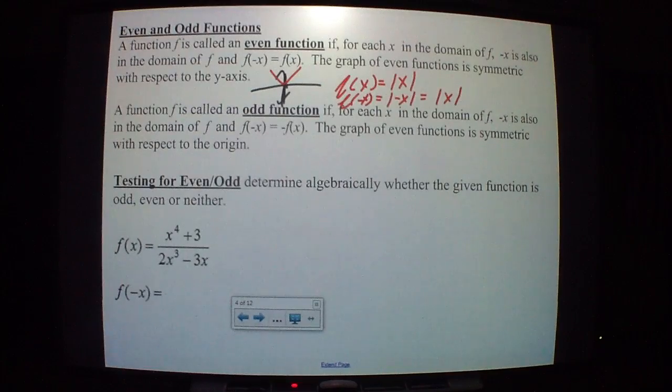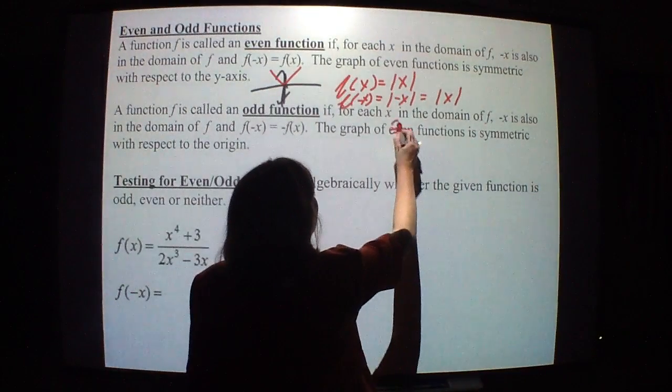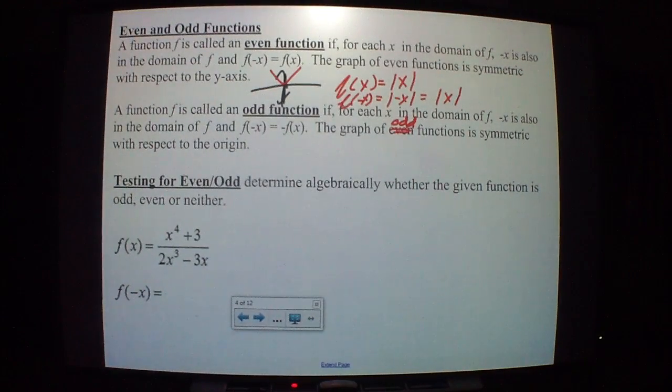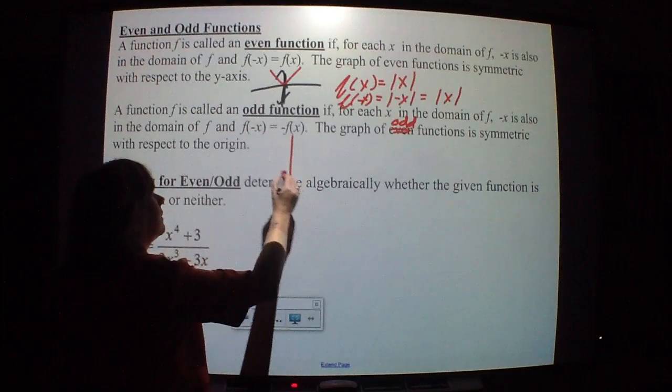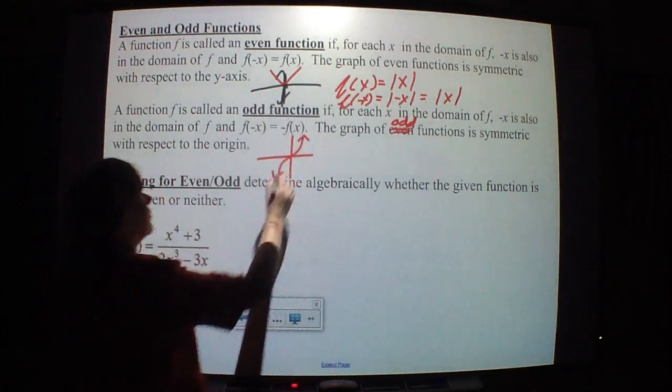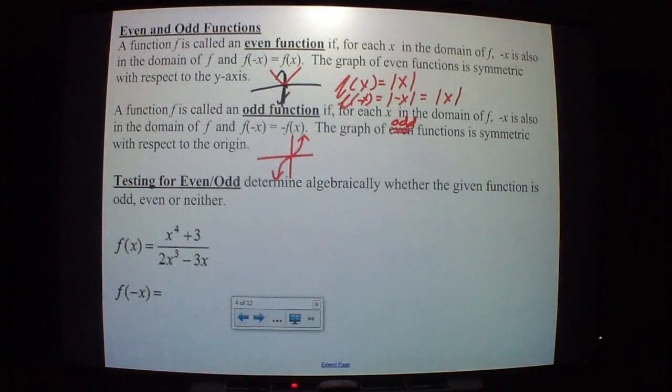An odd function, x is in the domain of f, negative x is also in the domain of f, and f of negative x is equal to negative f of x. So the graph of odd functions is symmetric with respect to the origin. Okay? So I might have a graph that looks like that.